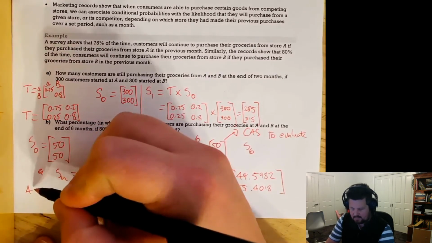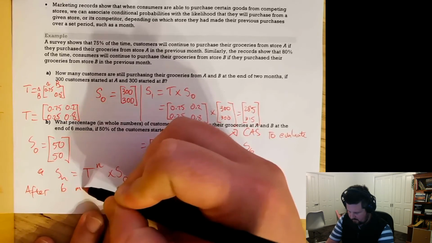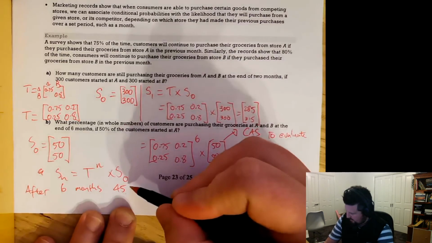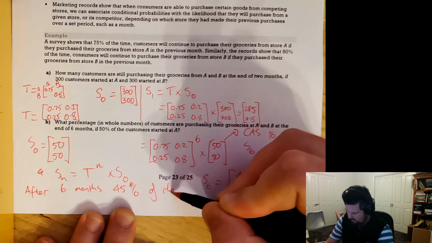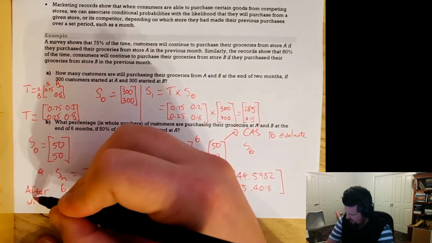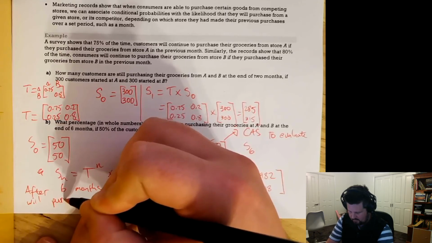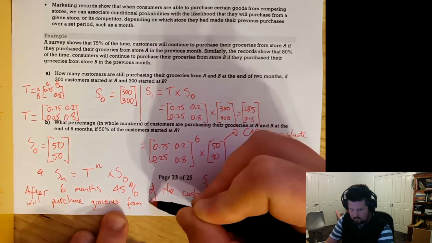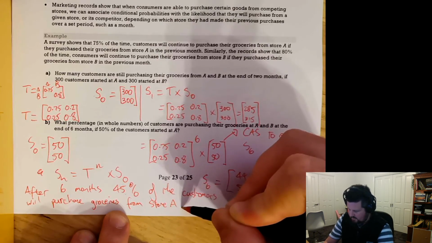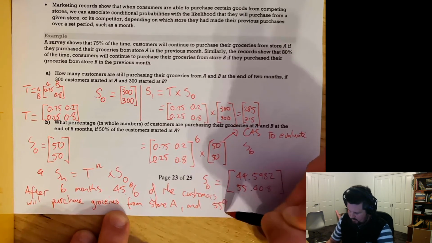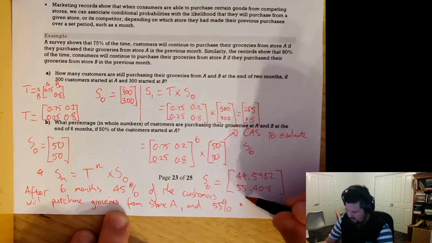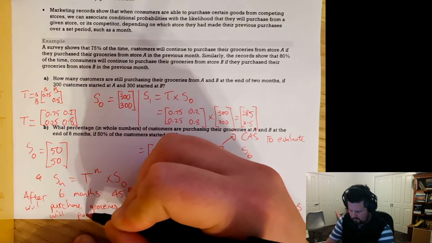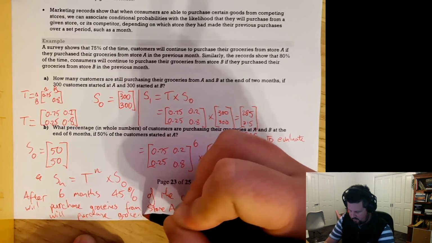You'd say, after 6 months, 45% of the customers will purchase groceries from store A, and 55% of the customers will purchase groceries from store B.